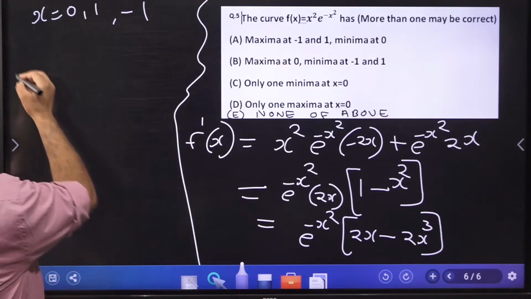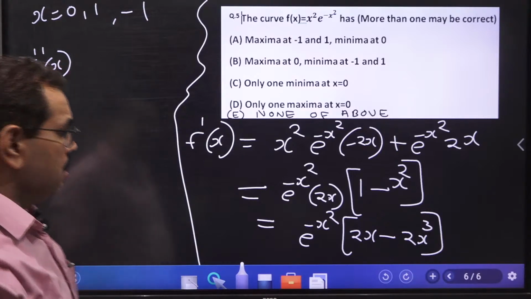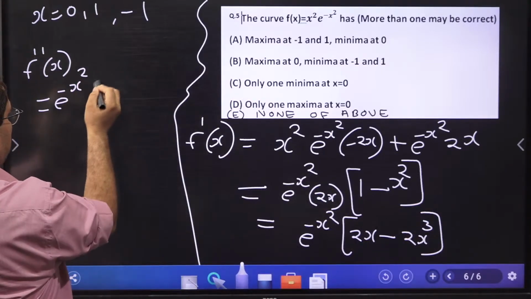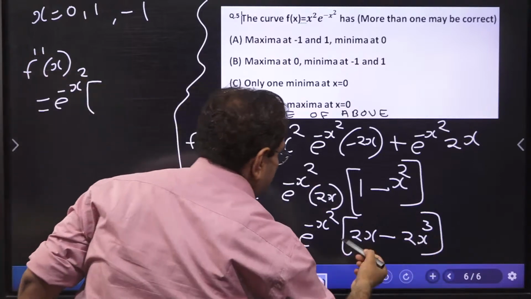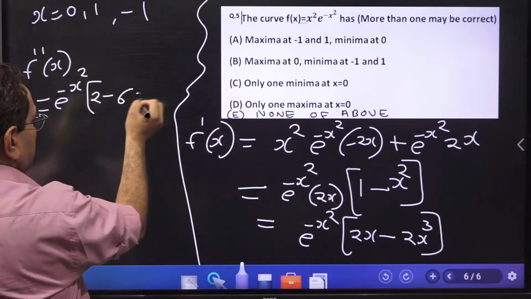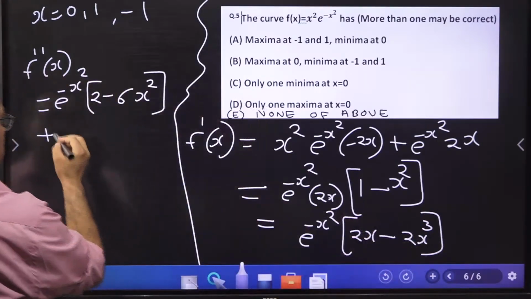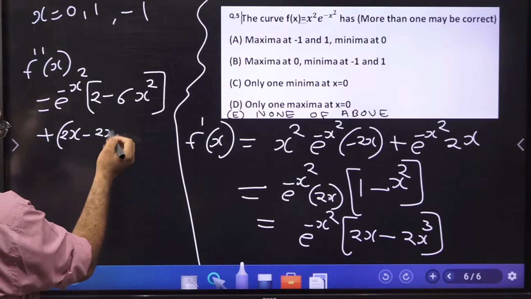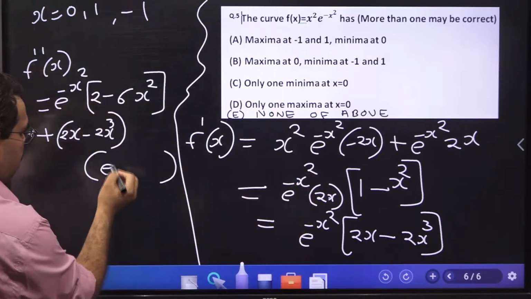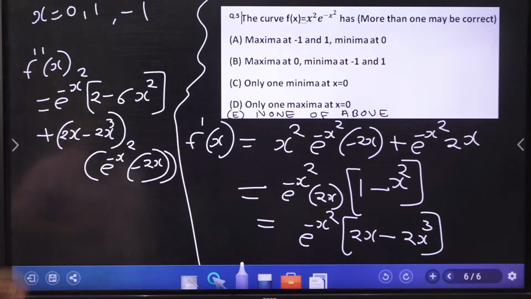So now let us compute f double dash x, and this is equal to, again we will use product rule, first function, second function. Okay, so e to the power minus x square into first function into derivative of the second, so 2 minus 6x square, okay, plus now this second function, that is 2x minus 2x cube, multiplied by derivative of the first, so e to the power minus x square into minus 2x, this one, this is our double derivative.